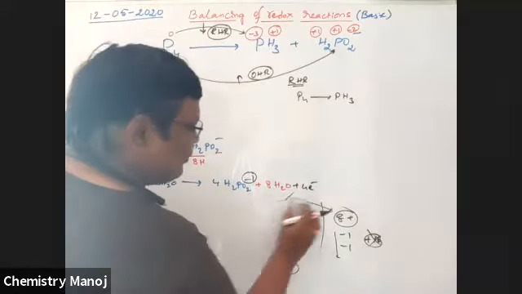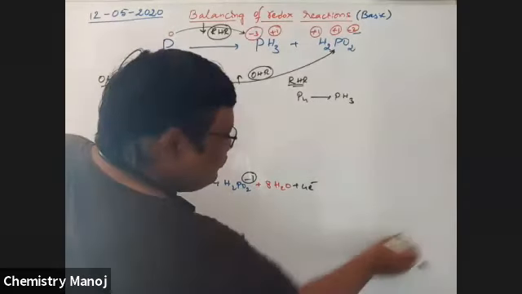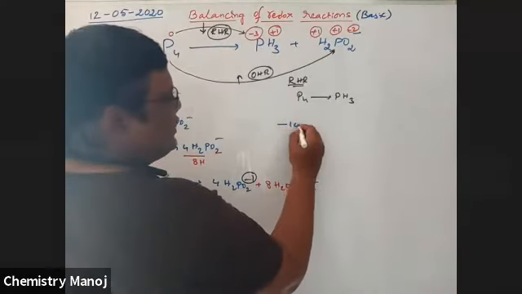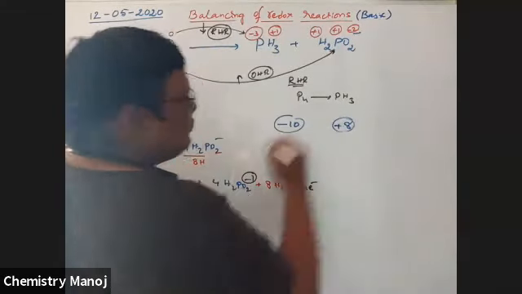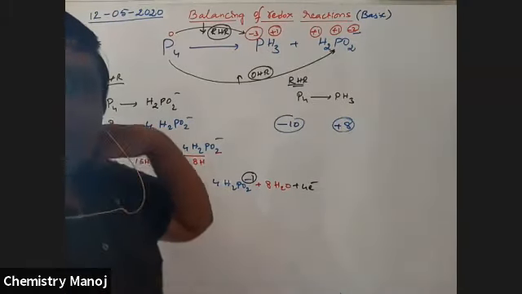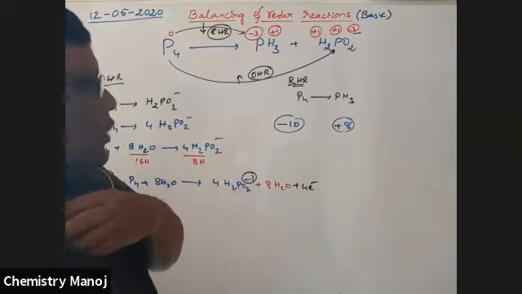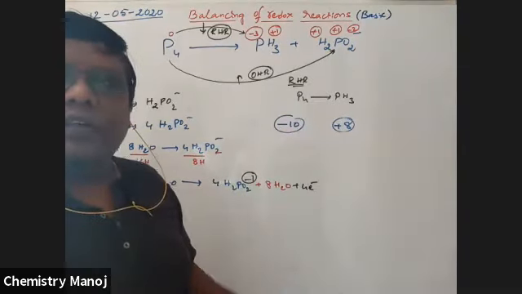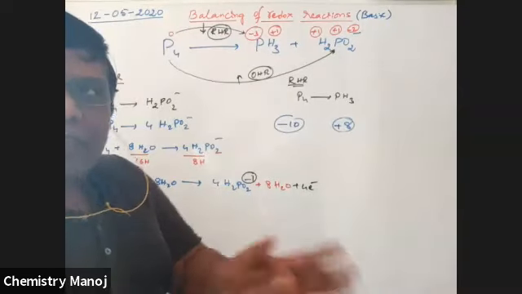Left side minus 2, that is why 2 electrons, right? So once again, one more example. For example, left side minus 10, right side plus 8. Yes, I will send the assignment today. Left side minus 10, right side plus 8. Okay, so balance this one only with minus 1.